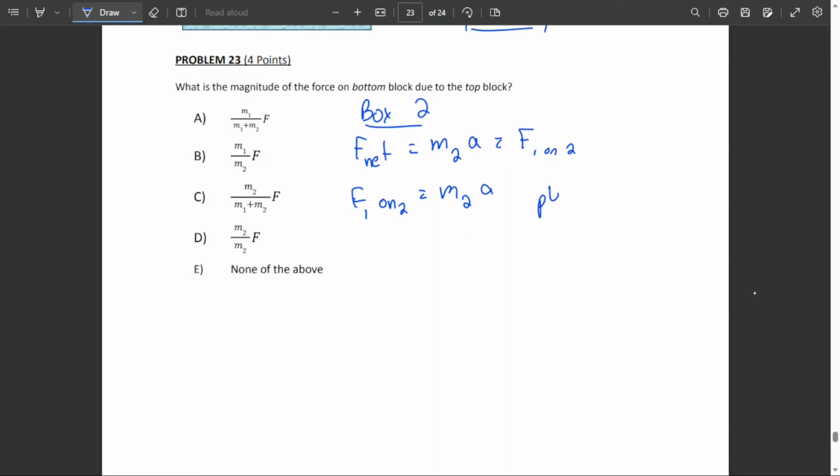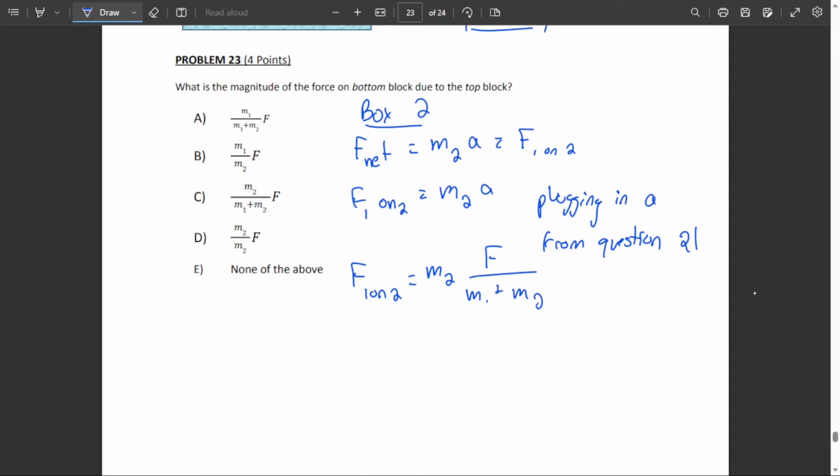So we get mass 2 times the force over mass 1 plus mass 2. And then this is our answer. If we just rearrange it a little bit, we get mass 2 over mass 1 plus mass 2, all times F. So C is our answer.